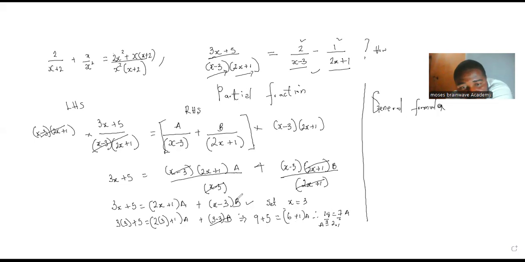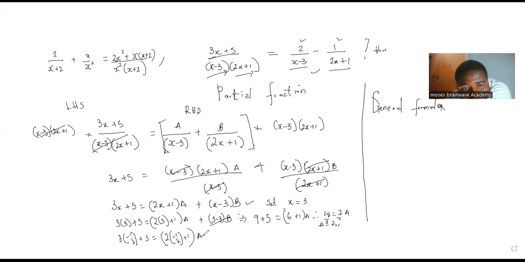Good. Similarly, if we set in this particular equation, if we set x to be equal to negative 1 over 2, I think a will be gone here. So we'll have 3 into negative 1 over 2 plus 5 should be equal to 2 into negative 1 over 2, then plus 1 of a.